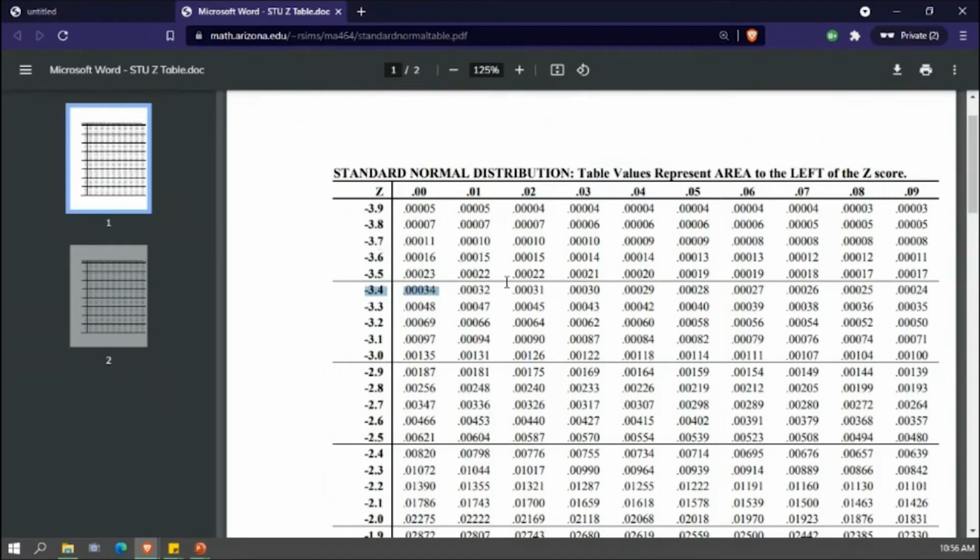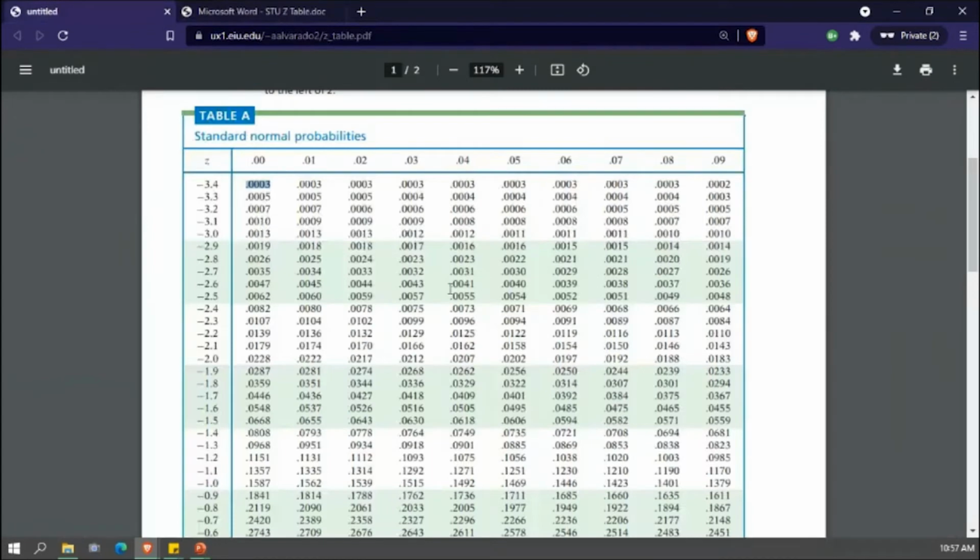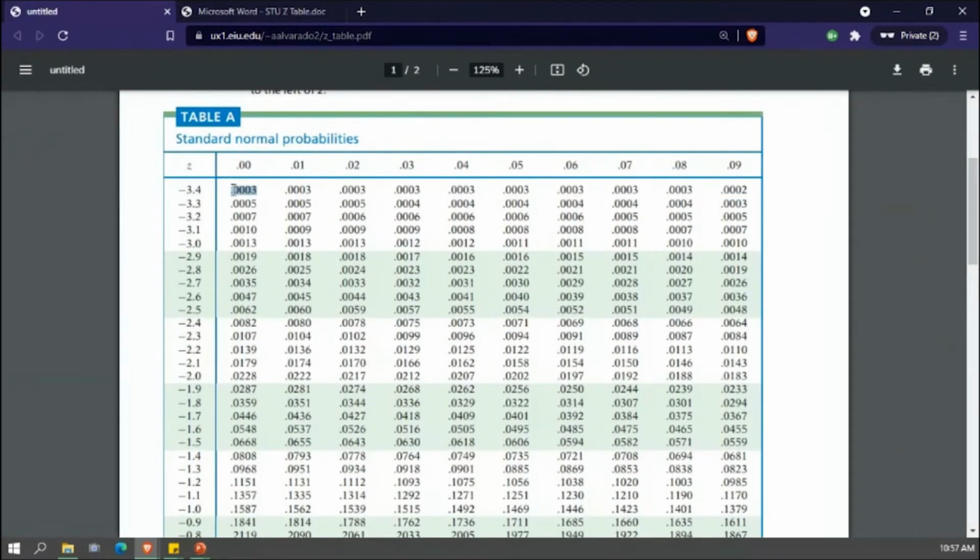If you would ask me which is better, I think this one is better, since this table has a greater number of decimal places. The larger the number of decimal places, the better, meaning there would be less rounding errors. However, most of the books only present 4 decimal places, so let's just make use of these for this time.